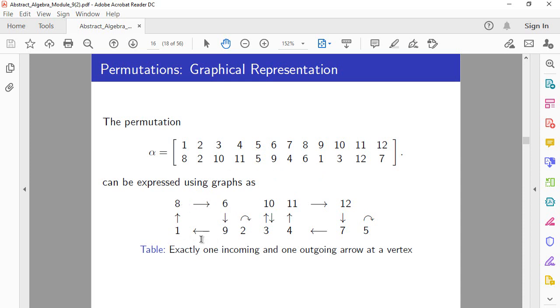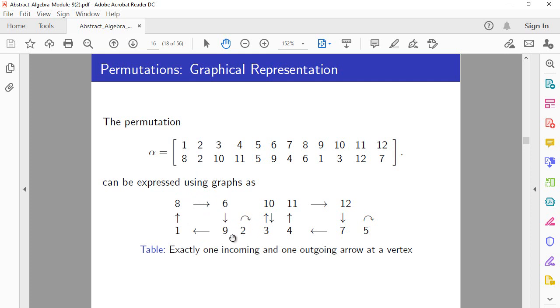Okay, so now if I start back at 1, I'm going to keep wrapping around in this loop here. So now let's start with the next number that hasn't been used yet. So 2. Well, 2 goes to 2, so we're done.